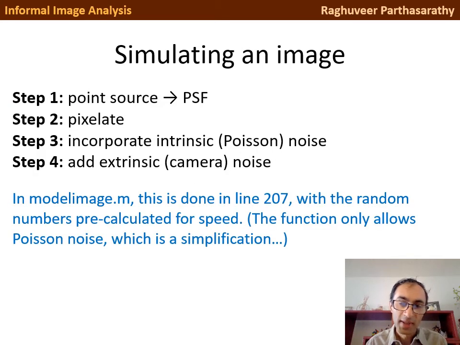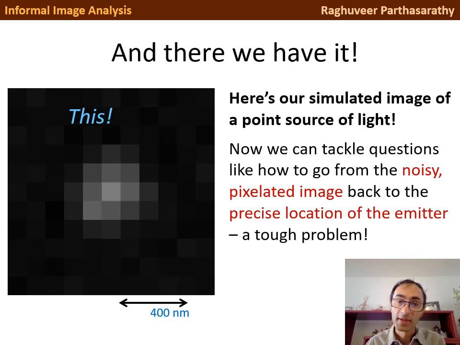In my program, I simplify a bit by allowing only Poisson noise. You could also just add on a constant background or things like that. But in any case, we include some background level of noise as such.